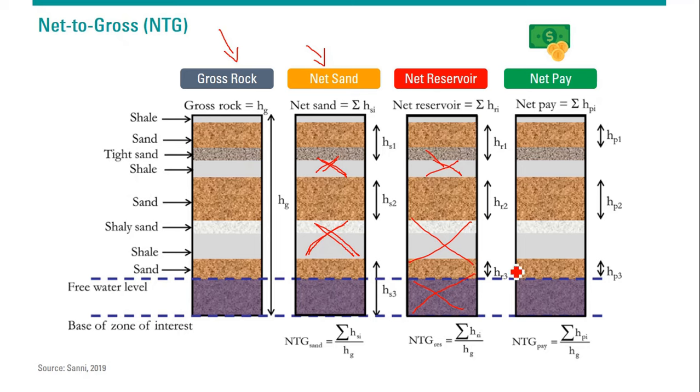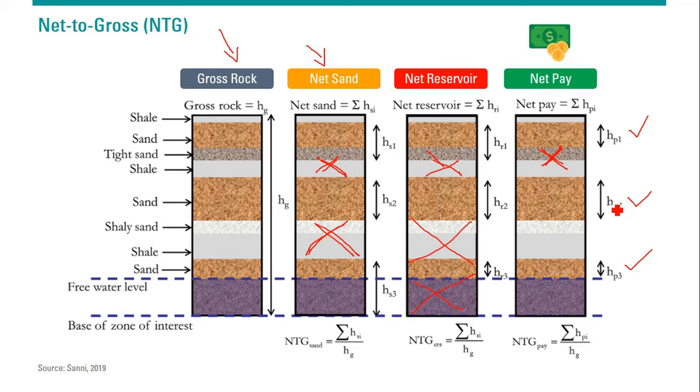And we will cut further. We will cut this zone, tight sand. Sand with low permeability will be cut so that we have net pay 1, net pay 2, net pay 3. If you combine net pay 1, 2, 3, you have total net pay.